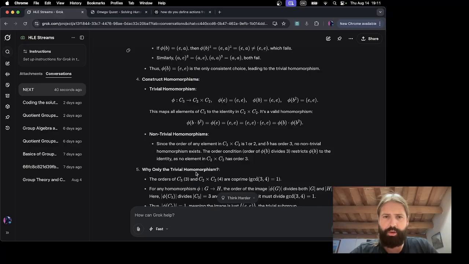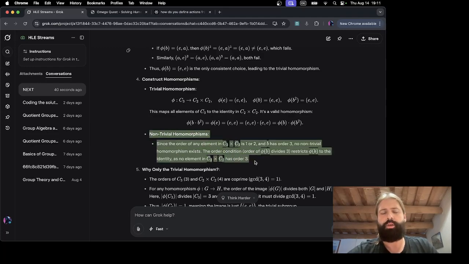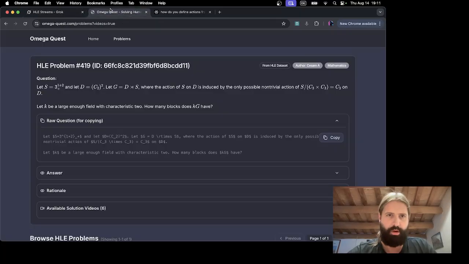Since the order of any element is 1 or 2 and B has order 3, no non-trivial homomorphism exists. The order condition. Interesting, right? So this is telling me there's no non-trivial homomorphism, so I'm doing something wrong, because this is where I get a contradiction. It's induced by the only possible non-trivial action of C3 on C2 squared.